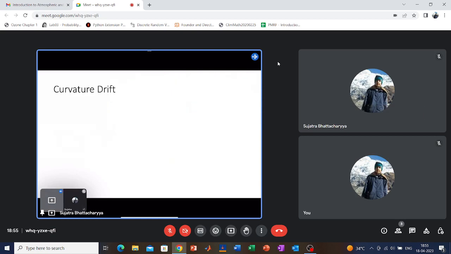The immediate next thing is the curvature drift. We have already seen the gradient drift, that is, if there is a gradient in the magnetic field, what will be the expression of the drift velocity. But now if there is a curvature, means the particle is gyrating in a magnetic field which is curved, then at that point of time there is also a drift which the plasma particle experiences.